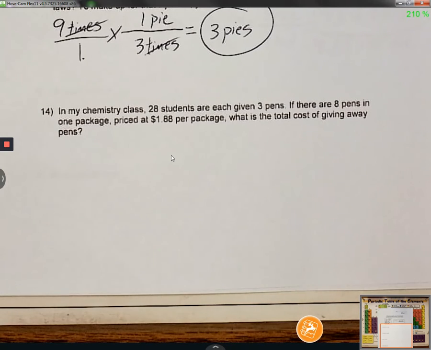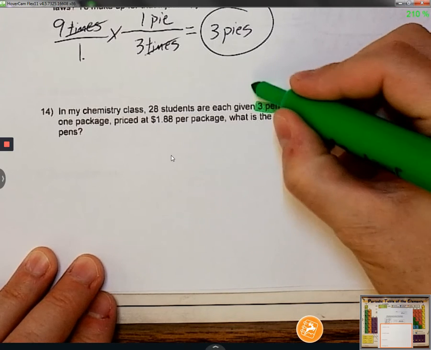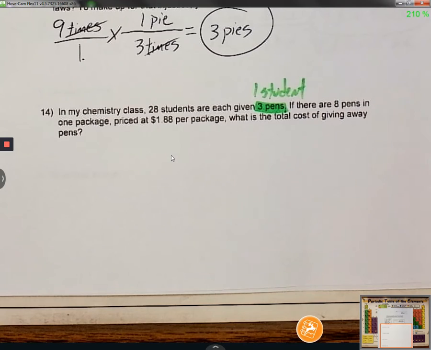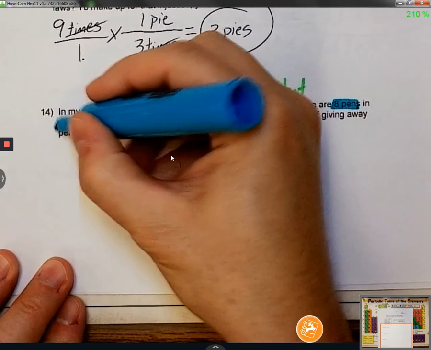So, what is a conversion factor? Okay, so 3 pens for every 1 student, right? That's a conversion factor. What's another one? Okay, 8 pens are in 1 package.